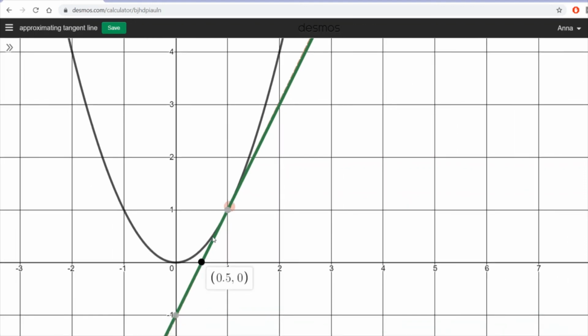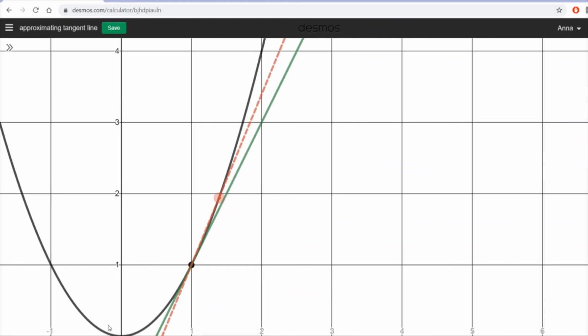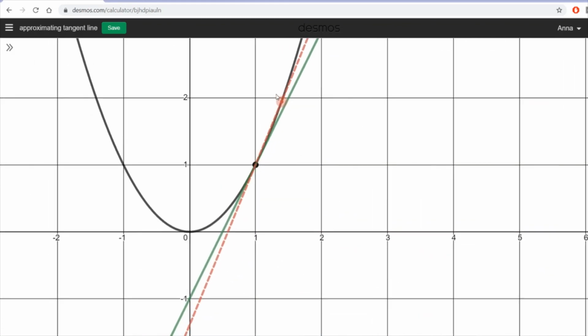One other thing I want to mention, and I'm trying to switch this so that the secant line pops out on top. There we go. On today's worksheet, you'll have a question that asks you to do this. We also could have picked numbers that were below 1, right?